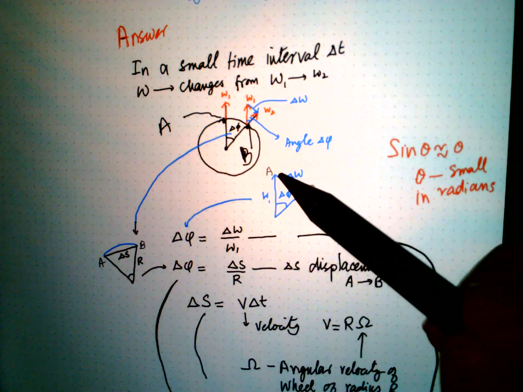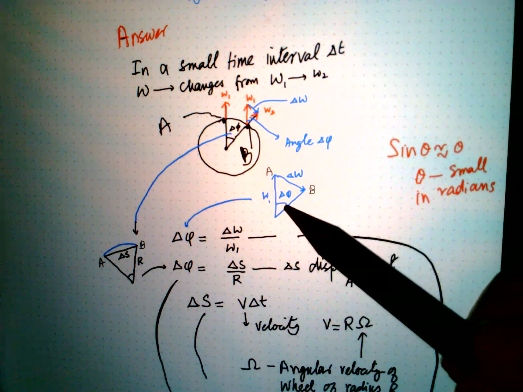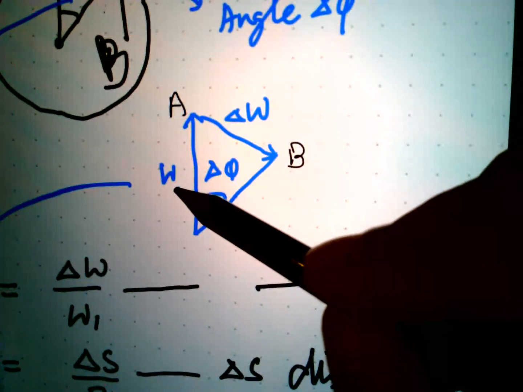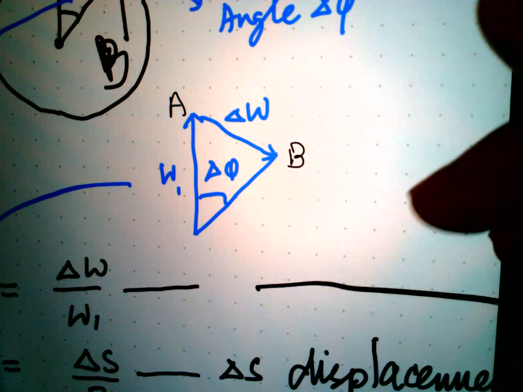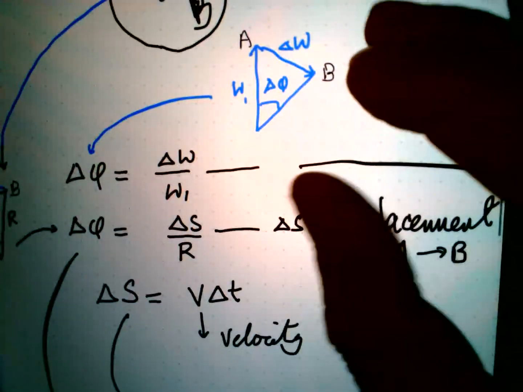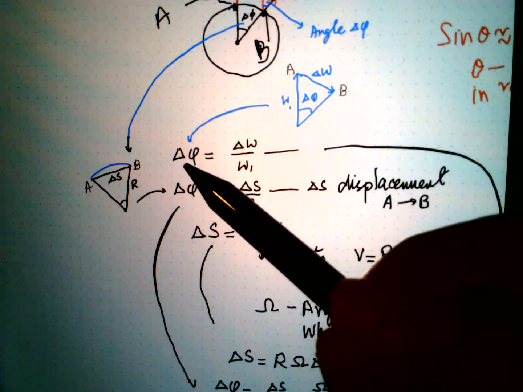So A to B, delta omega is a change in a small angle, which is delta theta. This is omega 1 and this is delta omega, and that is say 90 degrees. And then we can find that it is a small angle.